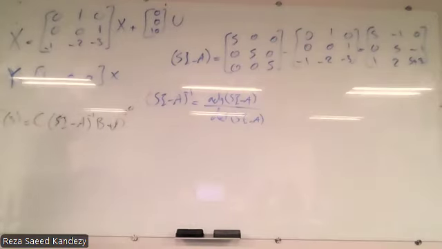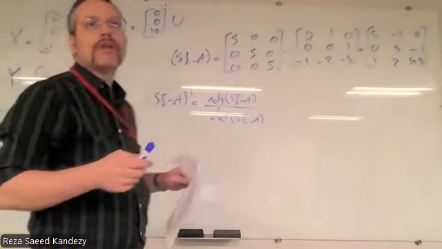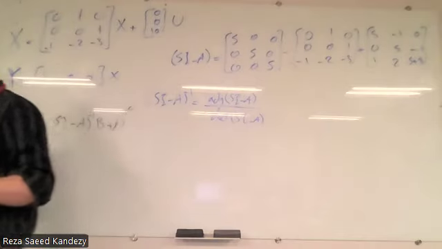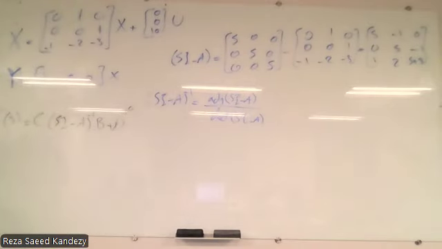Anyone remember the condition you can check to see if the matrix actually has an inverse or not? The determinant should not be zero. That being said, the smart thing to do is to first calculate the determinant.